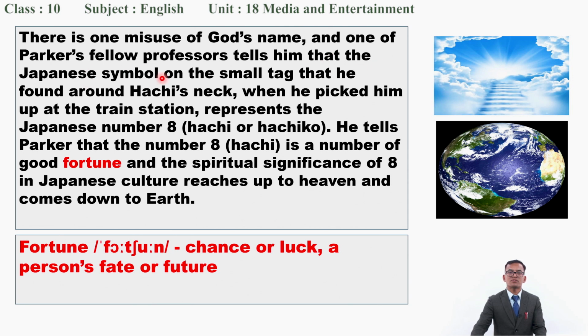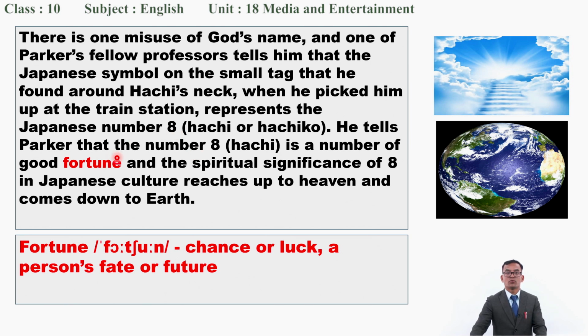And one of Parker's fellow professors tells him about the Japanese symbol on the small tag that he found around Hachi's neck when he picked him up at the train station. Yes, it's very important. When Parker found Hachi, there was one tag around his neck, and written on it in the Japanese language was Hachi.